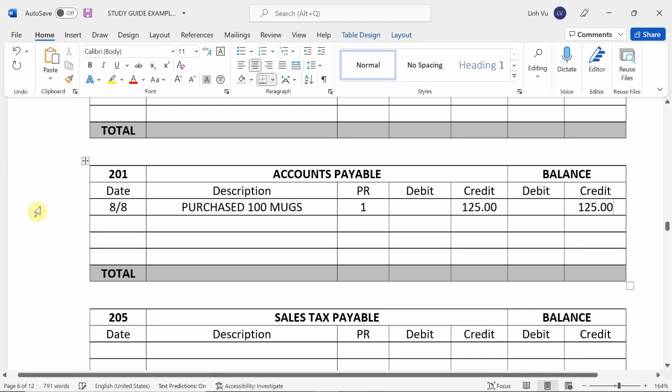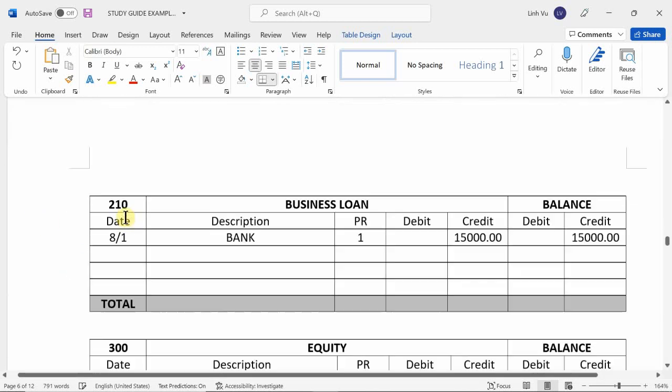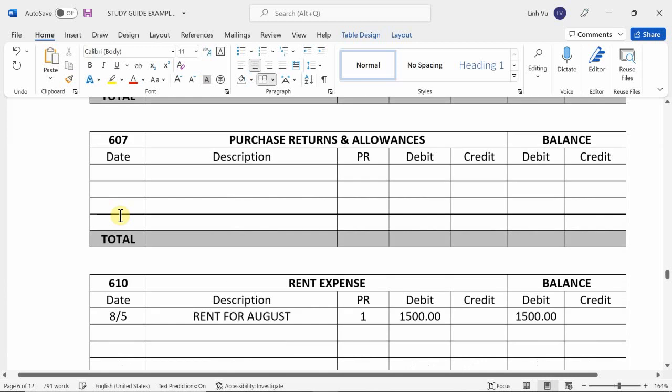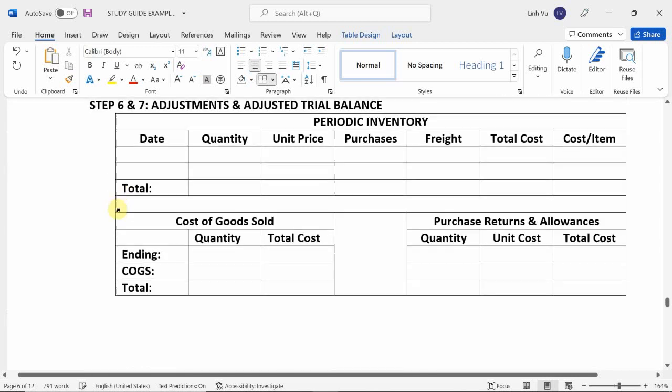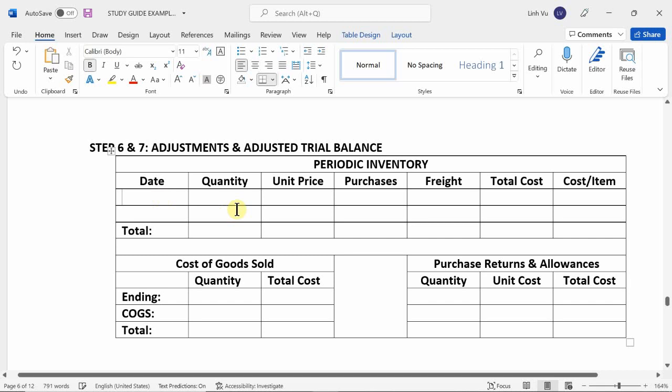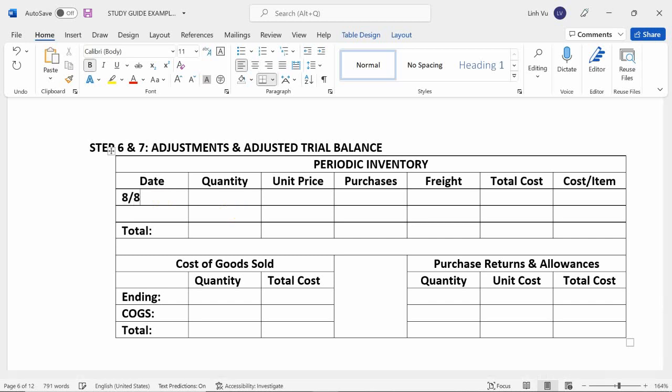Right? Now, if you go down below, right, because it is considered an adjustment entry, I want you to plug in your values into the inventory worksheet provided. So in this case, the date that you purchased it was August 8th. Quantity, right, is we purchased 100 of them.